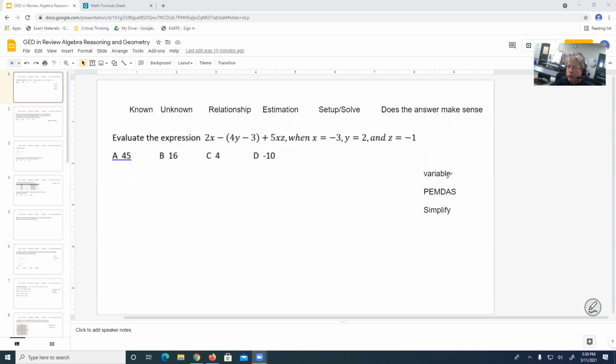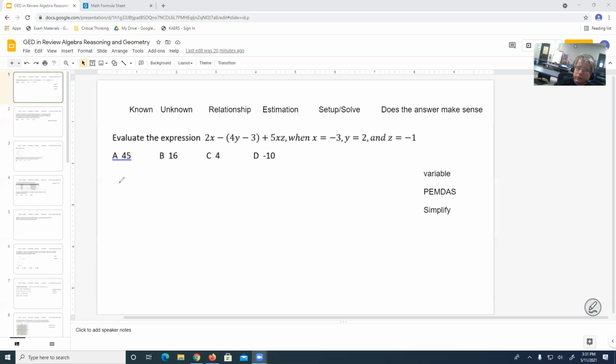The letter, usually we use the word variable for that. So we have these variables, x, y, and z, and they're usually referred to as unknowns, but since we said x equals -3, y equals 2, and z equals -1, they're now defined, so they're actually known. Now what I got to do is figure out how they fit into this expression. So what we got to figure out now is, what does all this mean here?